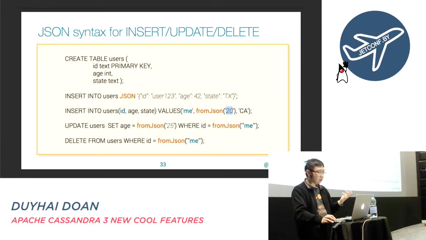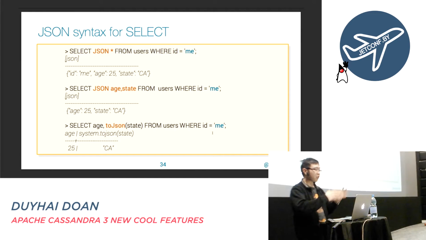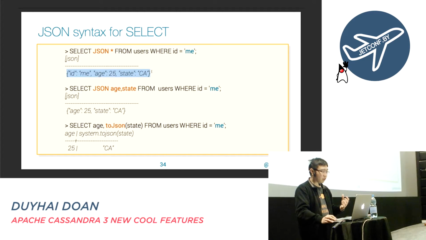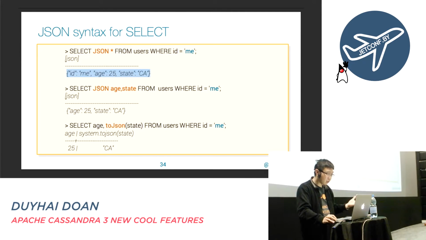Update also, you can use the fromJson function for update or for delete. Okay. And for the select, you have the same thing. SELECT JSON * will return just one column which contains the JSON payload. Or you can compose, select JSON age, state, or toJson.